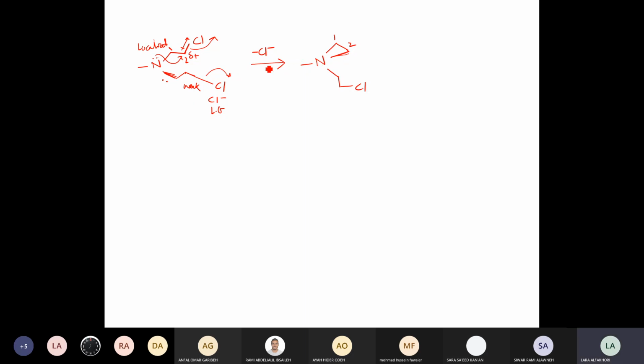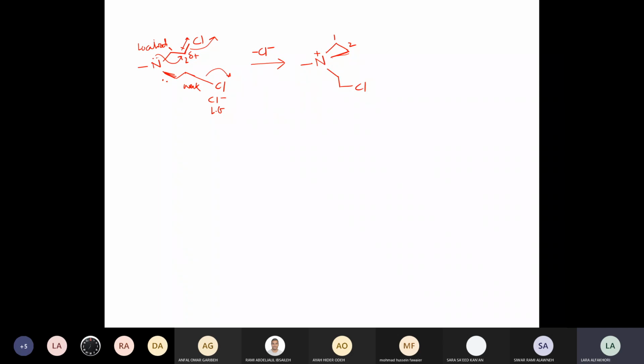Let me count now the electrons that belong to nitrogen: 1, 2, 3, 4. Since they are 4, it's as if the nitrogen lost an electron, so when drawing it you should draw a positive charge on the nitrogen as if it has lost an electron. It will become positively charged.